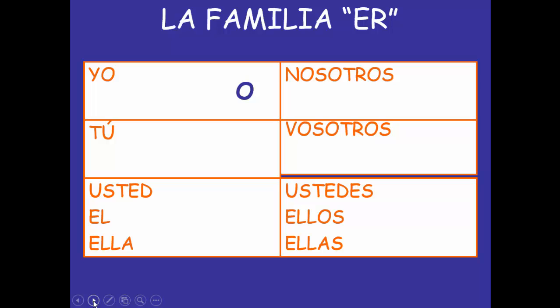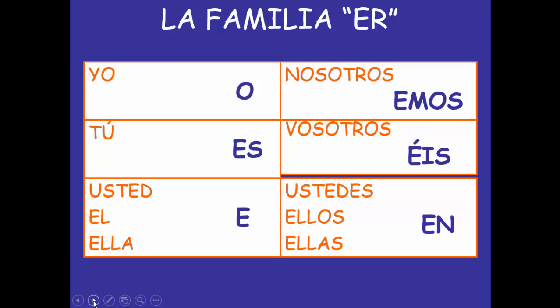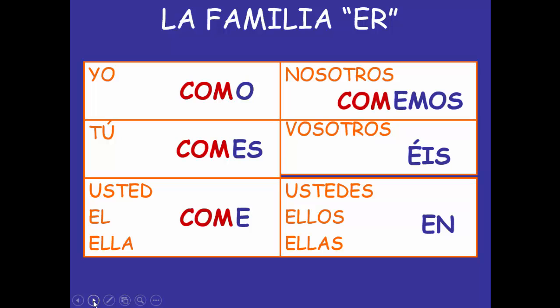The tú form, instead of being as, is going to be es. Él, ella, usted, e. Nosotros, emos, vosotros, éis, ustedes, en. Remember, you do not have to have the vosotros. So we have como, comes, come, comemos, coméis if you wish, and comen.